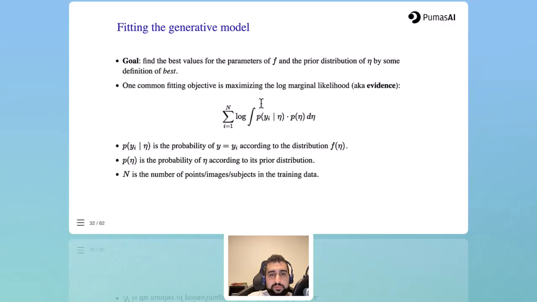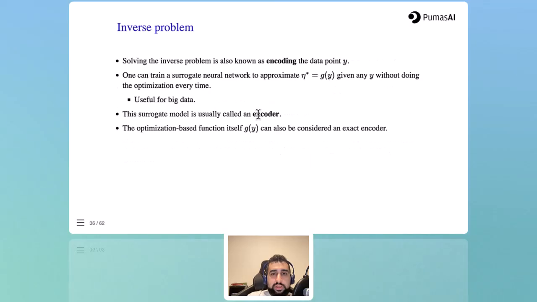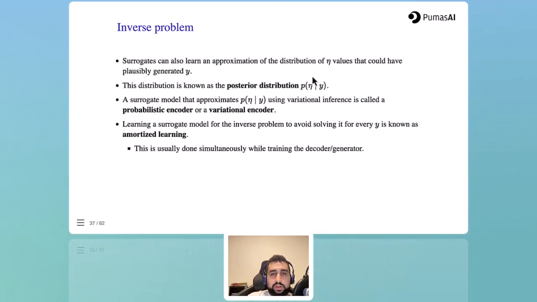So we can be fitting the parameters of the model while also trying to figure out what the best surrogate model is that would, let's say, fit eta star or approximate the full posterior. So we're directly trying to approximate the posterior for each subject while also fitting the model at the same time. And so we're training the decoder, or the generator, together with the encoder at the same time.